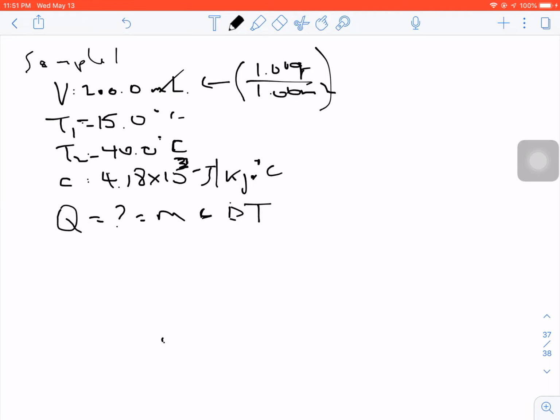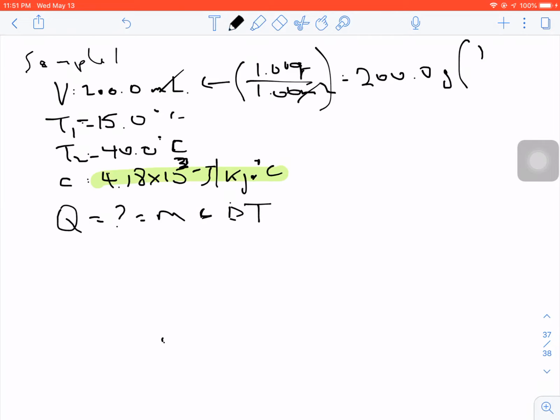Here we are with our unit conversions again. Notice that the milliliters disappear and I'm left with grams. So 200 milliliters will be 200 grams. Now, I need to know my units here for C are in joules per kilogram degree C. So again, notice that I've got a problem here that I have grams.